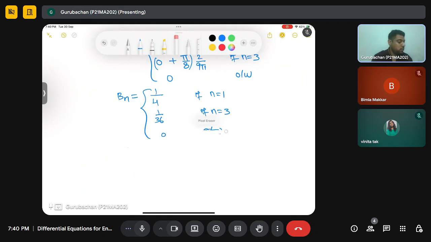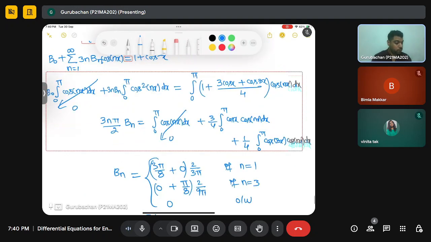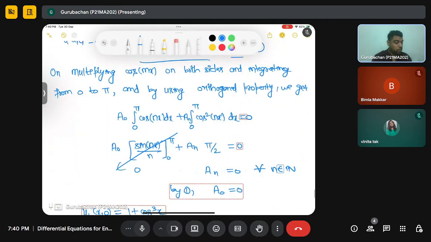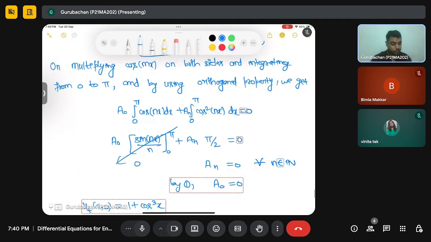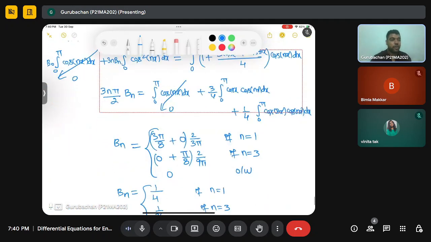This is the case if n is 2 and n is greater than or equal to 4. What will be your b naught? You have calculated this one, but you should take care of b naught also. So how can we take care of b naught? B naught is an arbitrary constant.